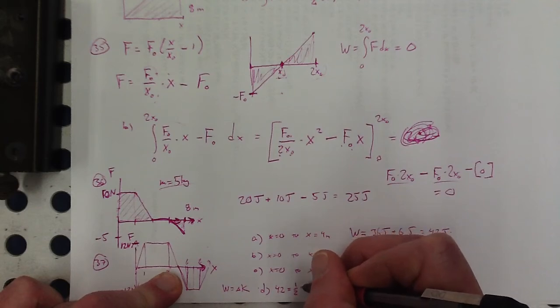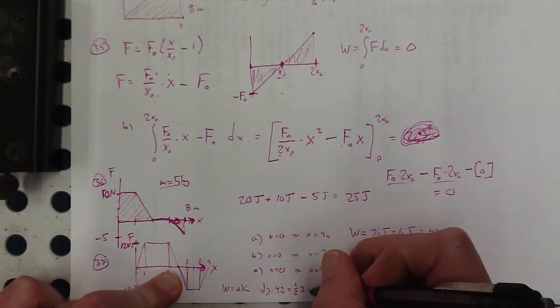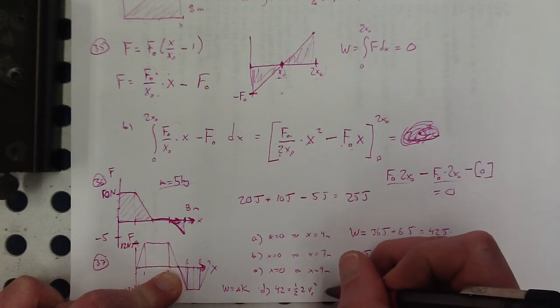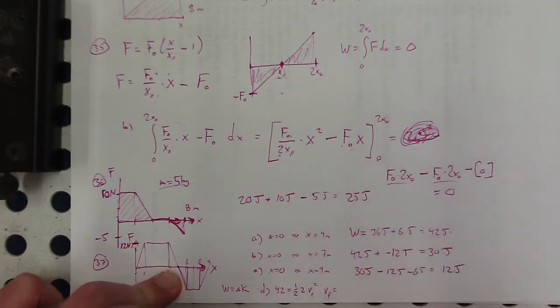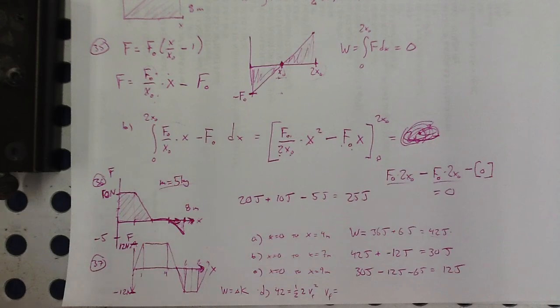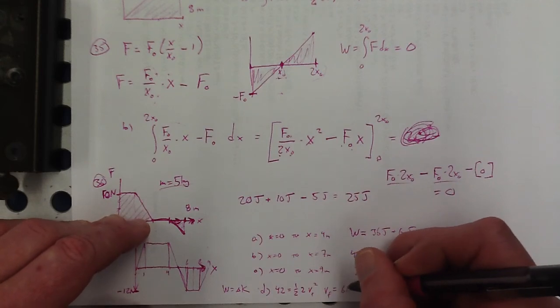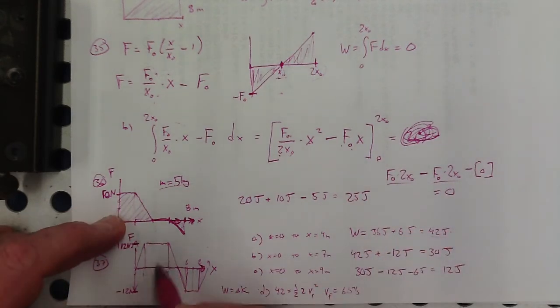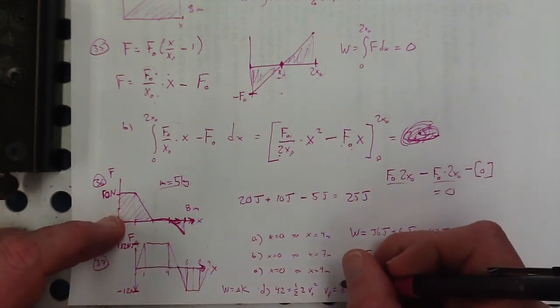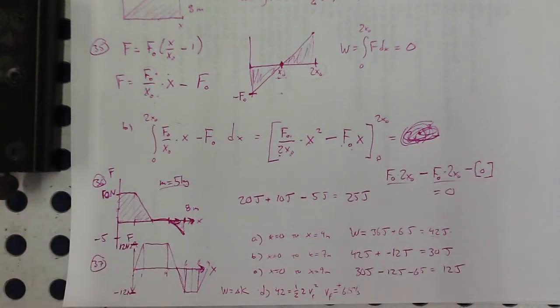Nope, 2. 2 times V final squared. So V final is equal to the square root of 42. So it's 6.5 meters per second. That's all in the positive direction, so the positive direction of the x-axis.